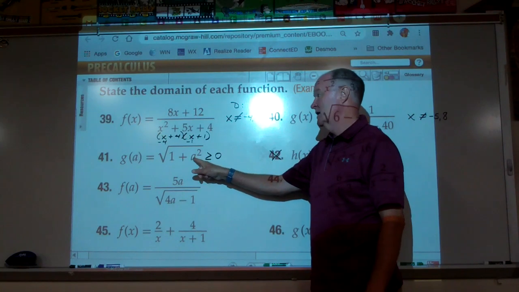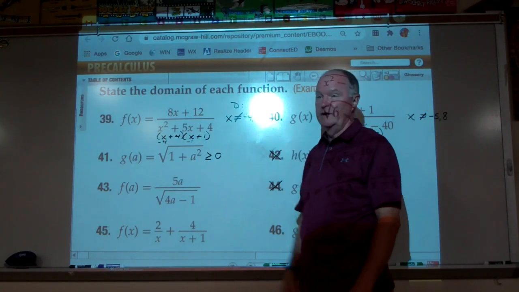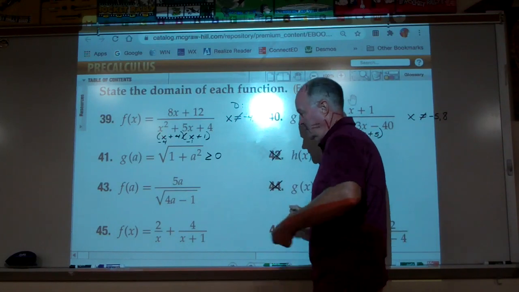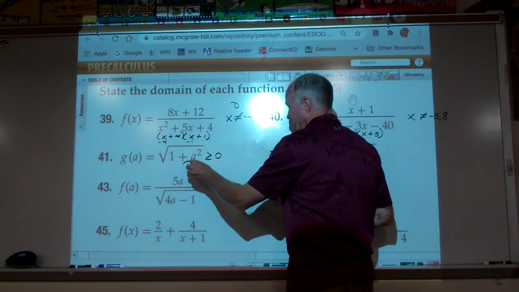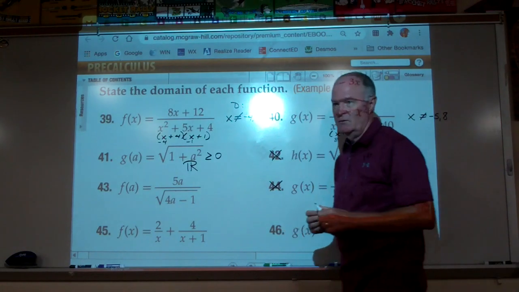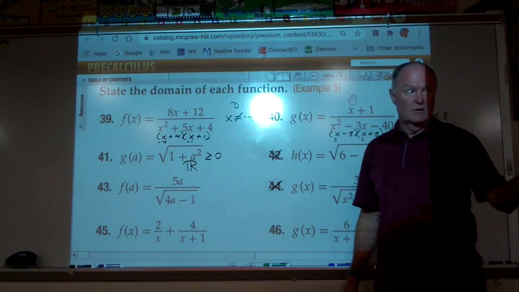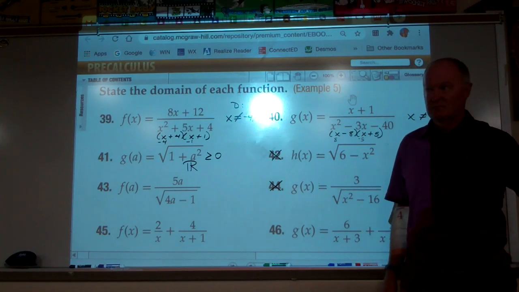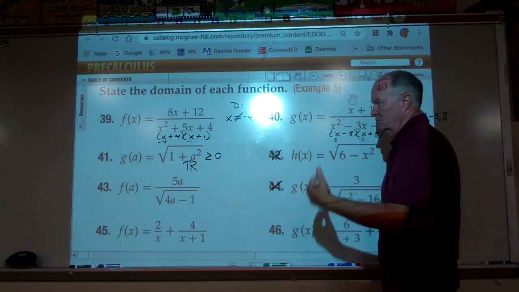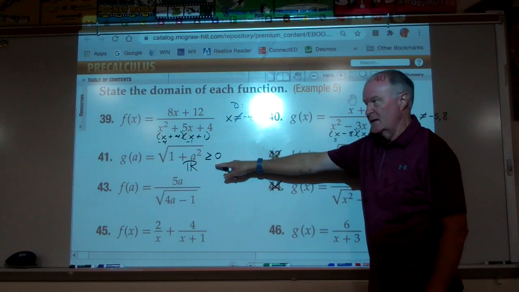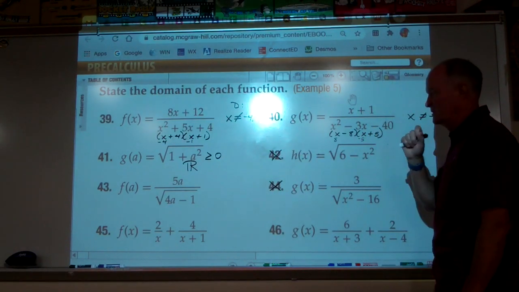So if I'm going to take a number that's always positive and add 1, what do I know? It's always going to be positive. So for this one, all real numbers. Everything's going to work. In the end, if you would try to solve that inequality, you'd have to take the square root of a negative number, or you can't do that, but it's easier probably to analyze it that way with the squares.